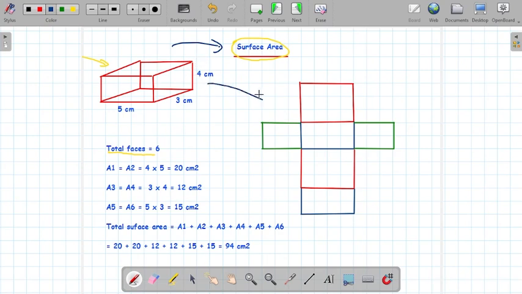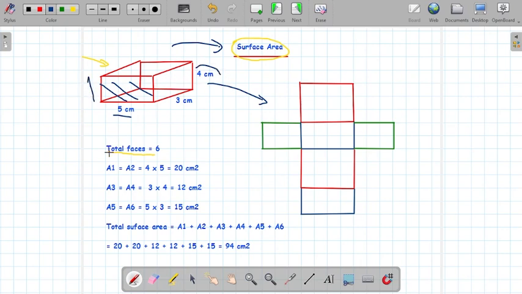Always when you look at a 3D shape, try to split it into something like this. It's like you're trying to open it and see the different parts of it. For example, if I want the total area of this part here, it's equal to this dimension multiplied by the height, which is this.